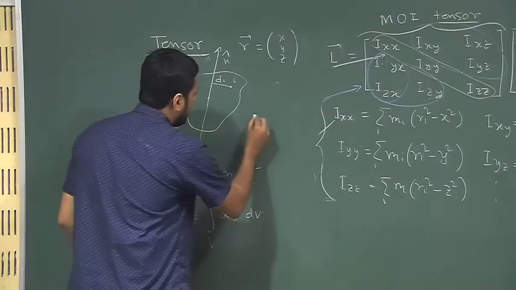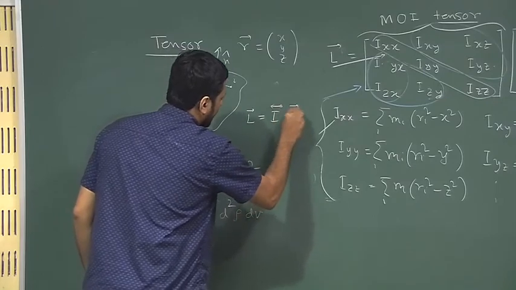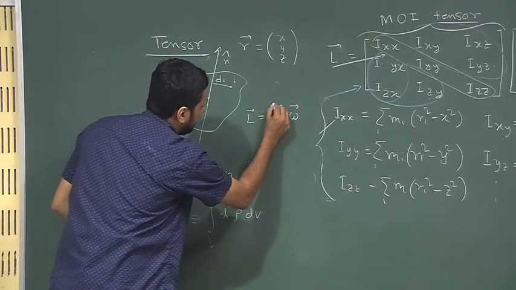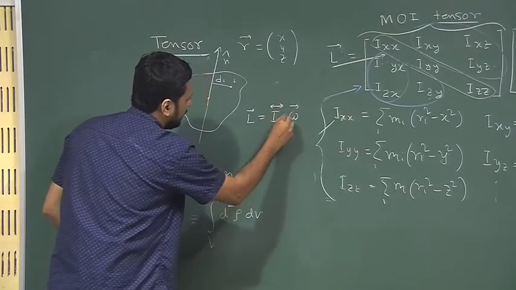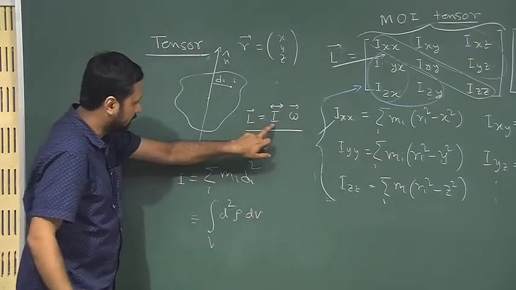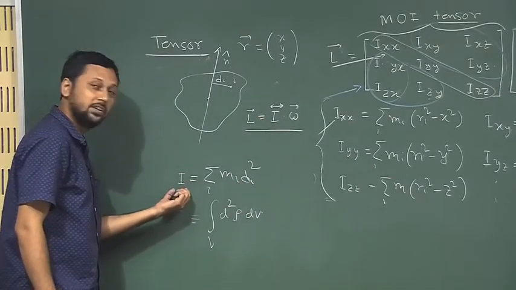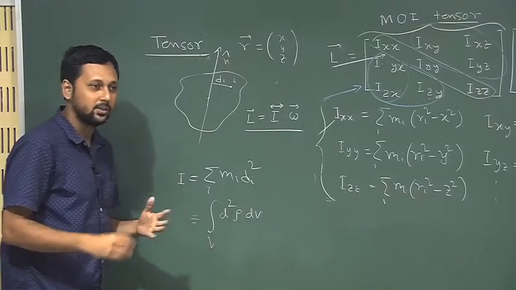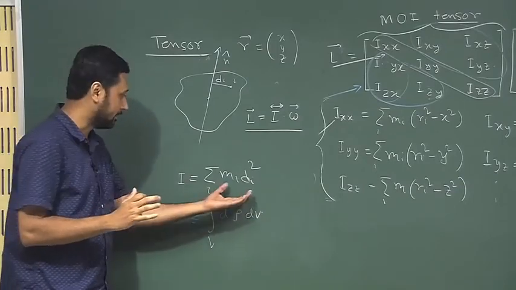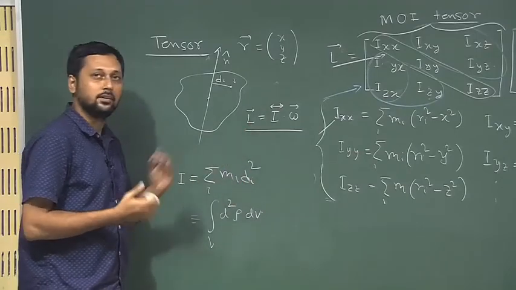On one hand we have an equation L equals I times omega, with I as a tensor, and on the other hand we have a simple definition where there is no tensorial symbol. I is just a number with a certain dimension, mass times distance square. How do you correlate these two?